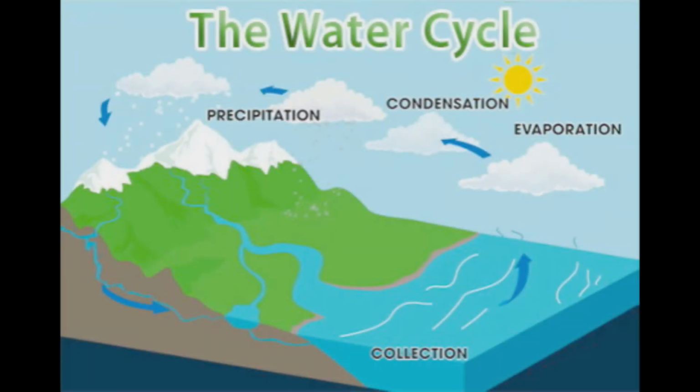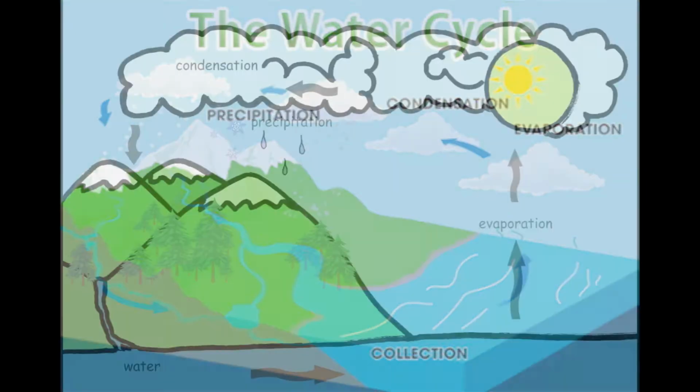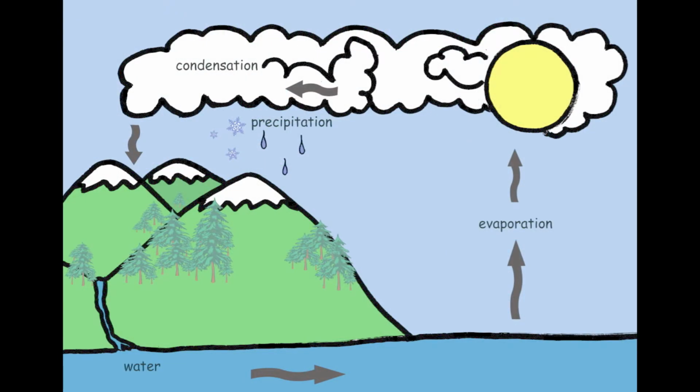The 4 stages of the water cycle that we are going to learn about today are called evaporation, condensation, precipitation, and collection. Let's put on our science goggles and investigate how each of these processes work to keep water from billions of years ago moving around the Earth.